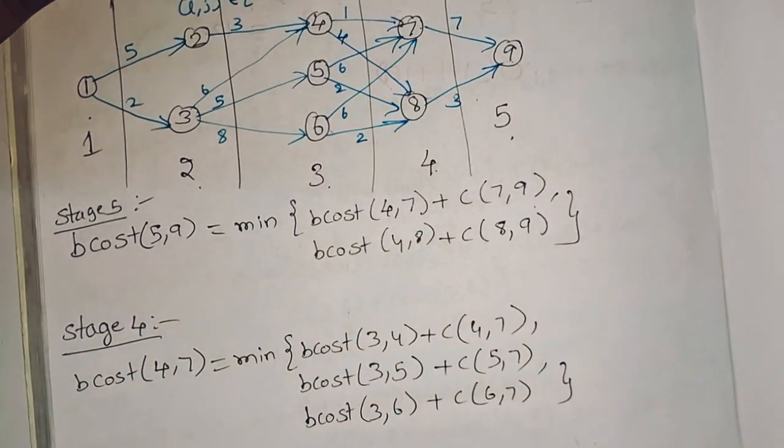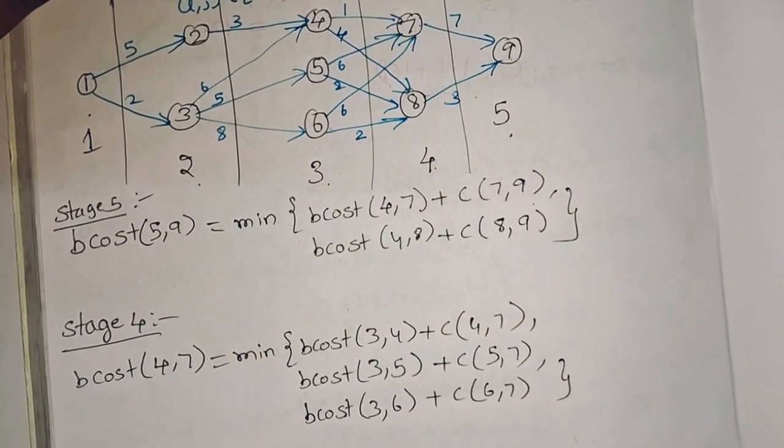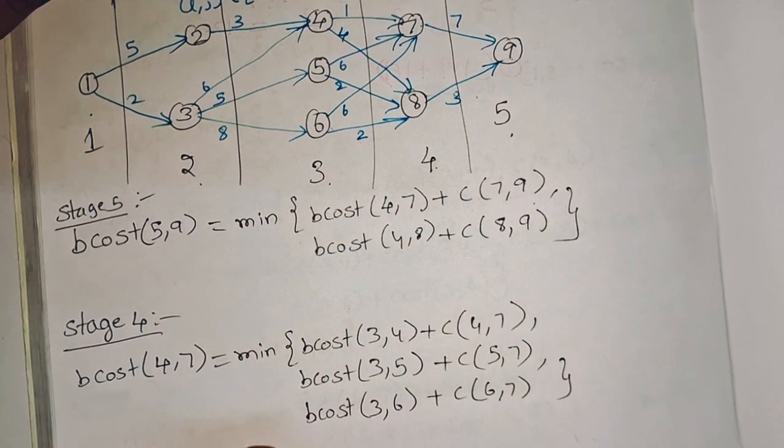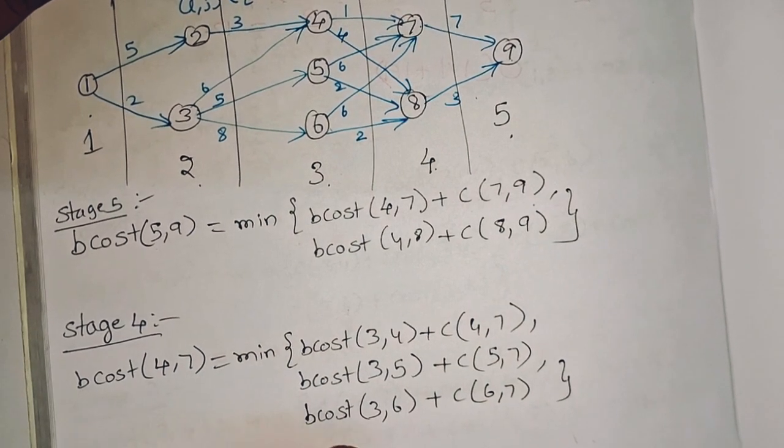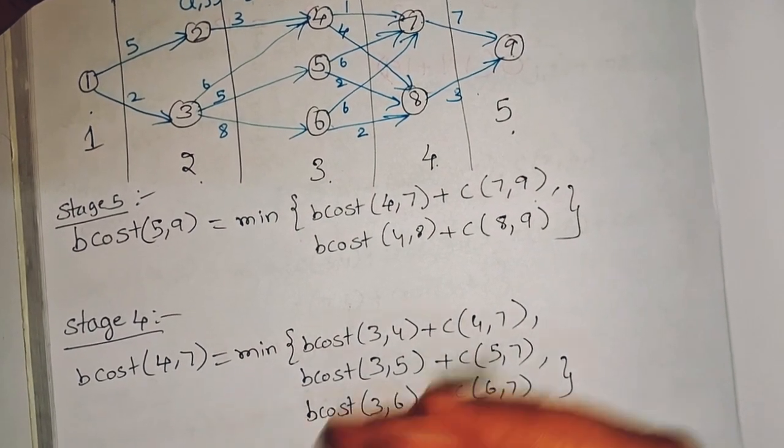Next we will find out the b cost of 4 comma 8. What are the neighboring nodes of node 8 at stage 4?